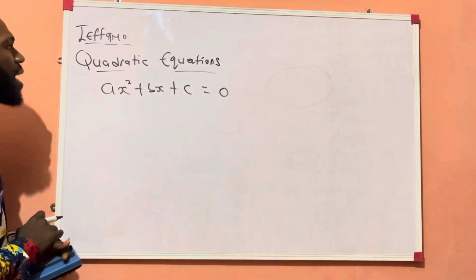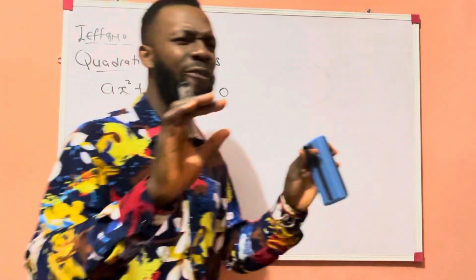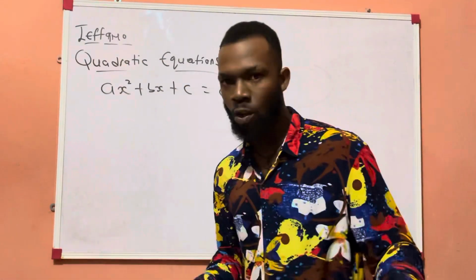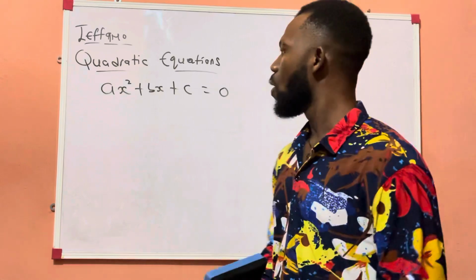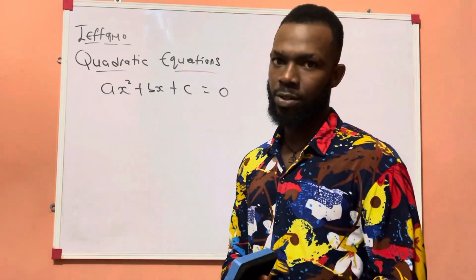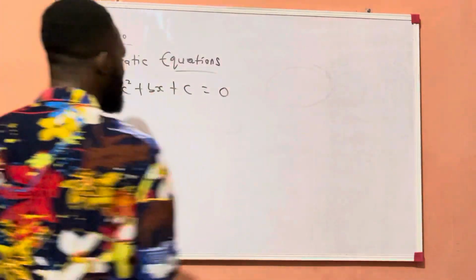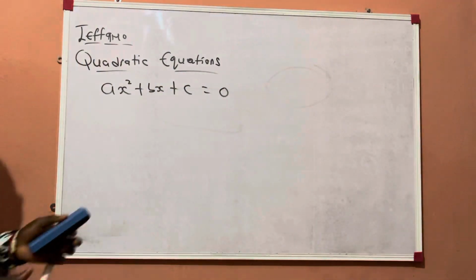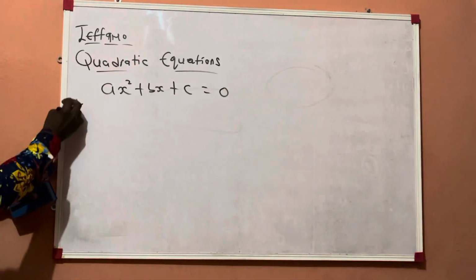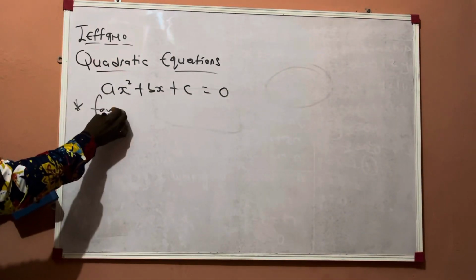Now, under quadratic equations, we have different methods for solving it. We have the formula method, we have the factorization method, we have the completing the square method, and as well we have the graphical method. So today, the method we shall be using in solving quadratic equations is the formula method.